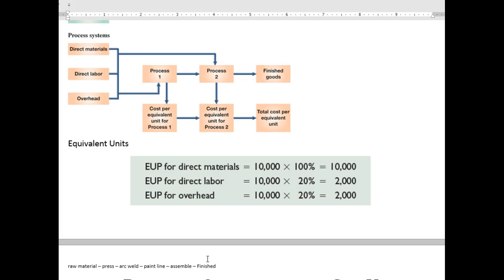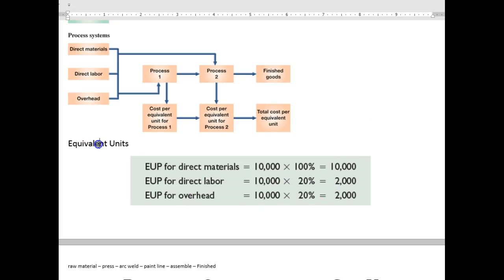And from there they would be sold. And then, as each one of these parts go out the door, we will use process cost to assign a cost to them so that you can find your cost of goods sold. So that's what we're going to do. Instead of each part having a cost, it's the process that gets the cost, and then we allocate the cost from the process to the part.